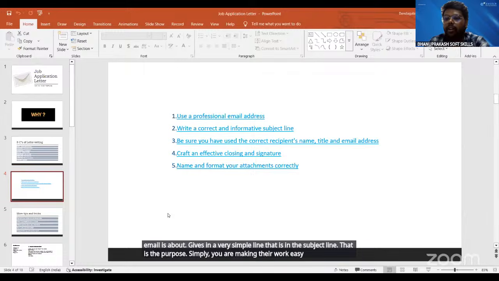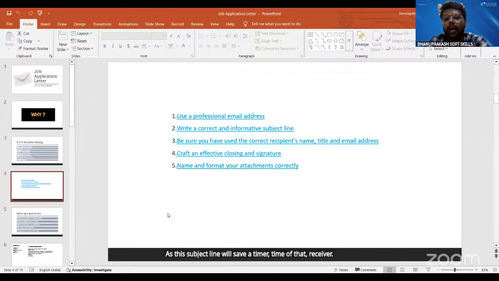They receive a lot of emails every day, and no one has that much time to go through all the information that you have given. Simply, they will read this subject line, based on which they will categorize the email. If the subject line says it is related to a job application letter, then they will categorize it according to their needs. This subject line will save the receiver's time.